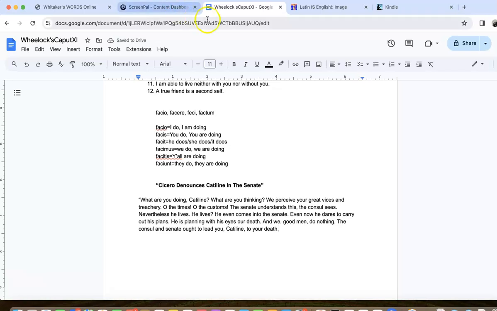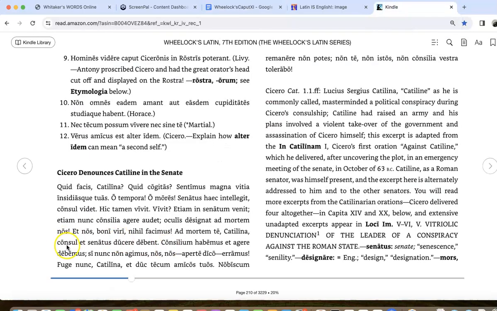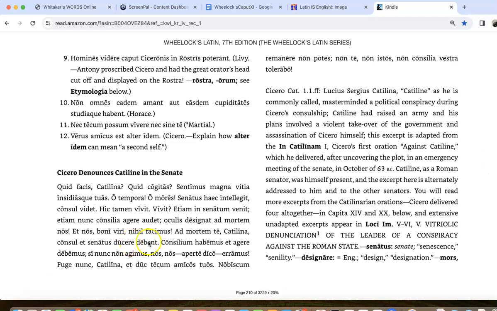Now, again, he could not do it by law, but he's talking rhetorically because of the shame that Cicero is arguing he has brought upon himself. So the consul and senate, consul et senatus, ought to lead or should lead you, Catiline, literally to death, but I put into your death.